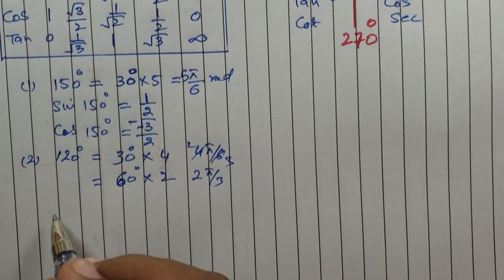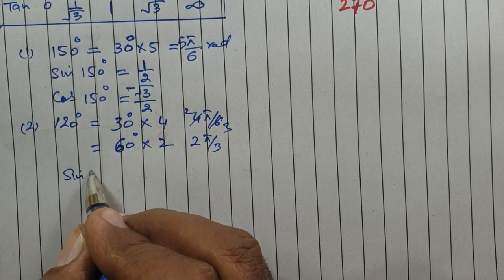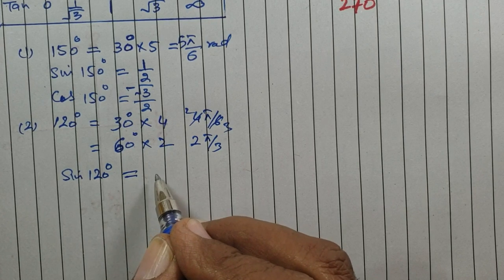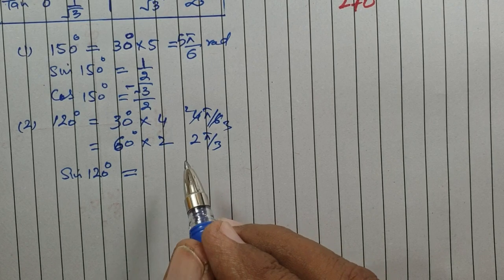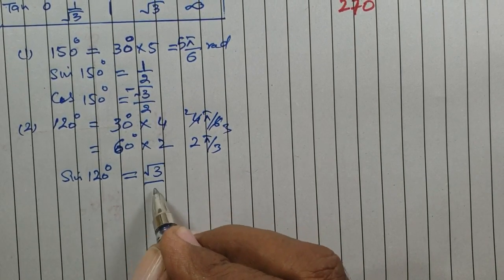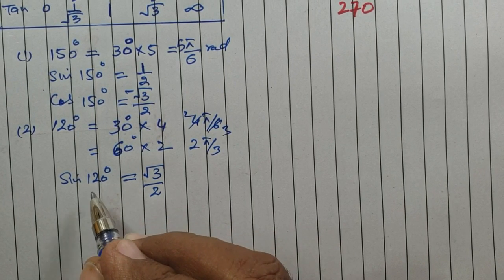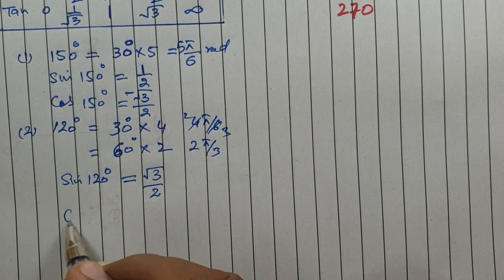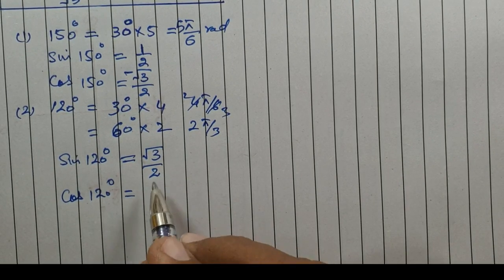So for sine 120 degree, pi by 3 is 60 degree. Sine 60 is under root 3 by 2. It will be positive because 120 lies in the second quadrant, and in the second quadrant sine is positive. For cos 120, cos 60 is 1 by 2.